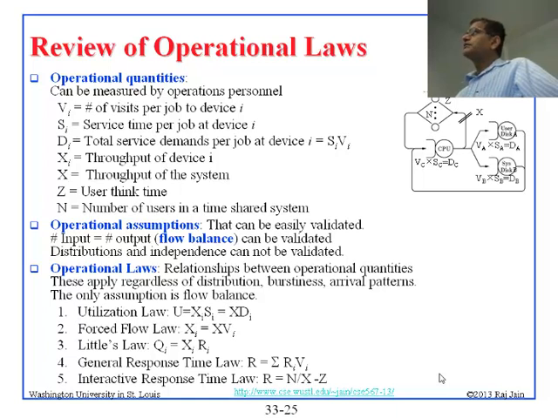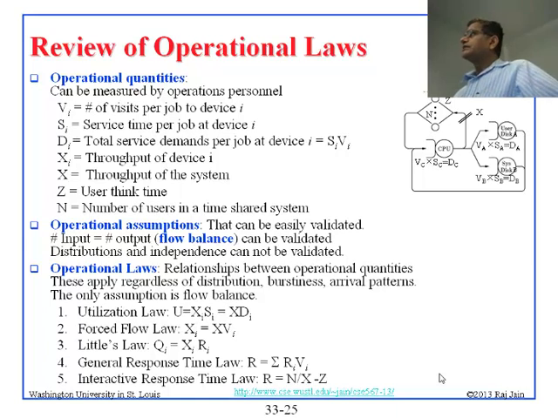We are going to use these same symbols throughout the rest of the queuing theory, so you just have to get used to those. The only assumption we have made in any of these operational laws is job flow balance. Job flow balance means input equals output, which means nobody dies in the system. Very easy to remember. We are not assuming anything about distributions, independence, nothing like that.